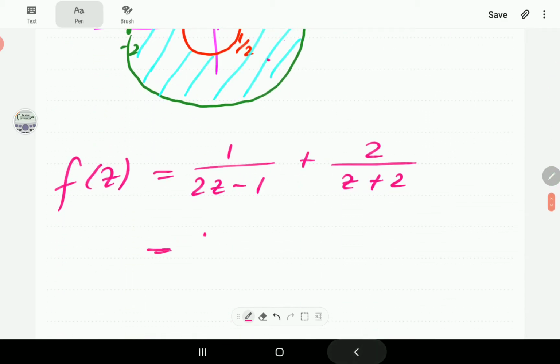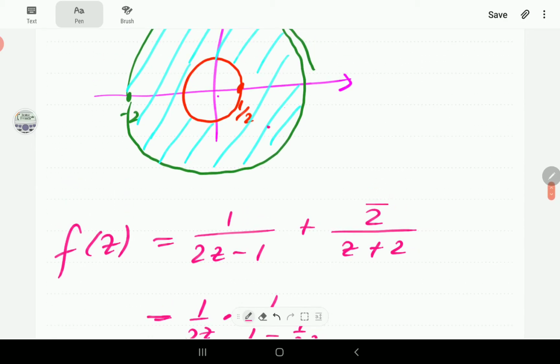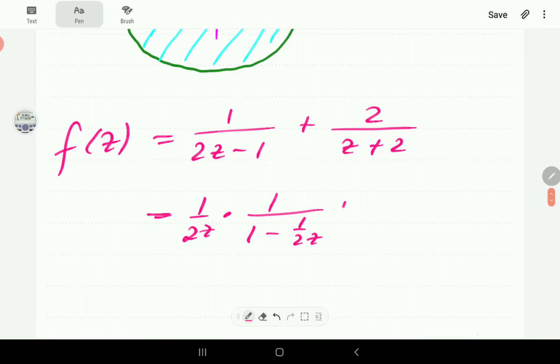This thing is going to look like 1 over 2z, then here we're going to have 1 minus 1 over 2z. And then on this term here, we're just going to use the geometric series result. For this one, we're looking for the region inside, so we're going to factor out the constant. So we're going to have 2 over 2, then this is going to be 1 minus negative z over 2.